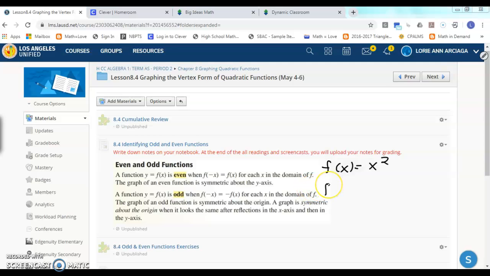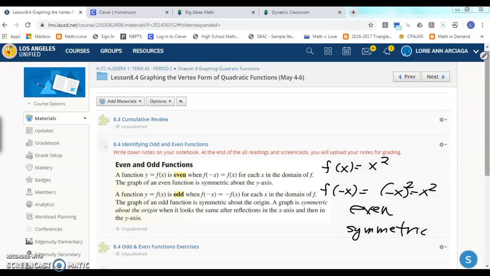If I change the x to negative x, I will get negative x to the second power. But negative times negative is again positive. So the parent quadratic function is an even function, and that's why it is symmetric with respect to the y-axis.